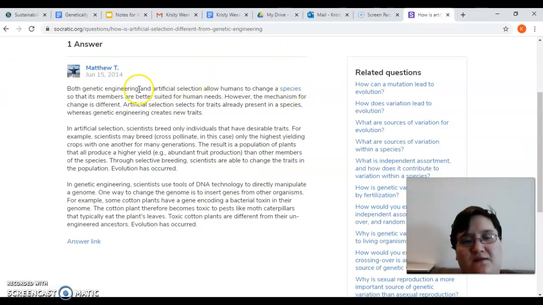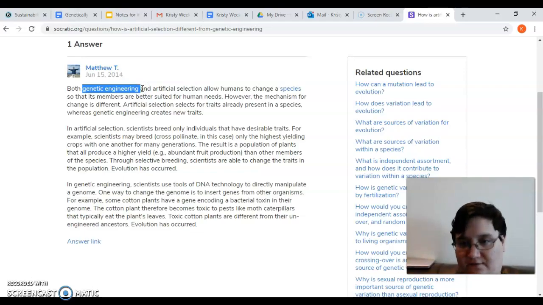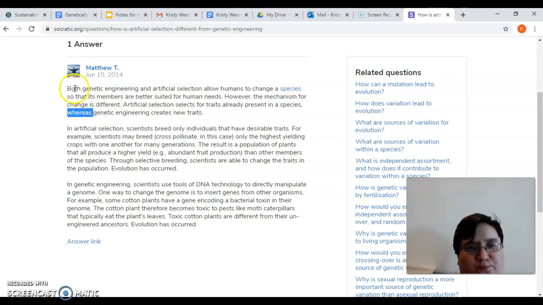The first thing I want to say though is genetic engineering is GMOs. You can use them interchangeably, right? So if you see something that says genetic engineering, that's talking about genetically modified organisms, GMOs. Okay, so it says both genetic engineering and artificial selection allow humans to change a species so that the members of the species are better suited for human needs.